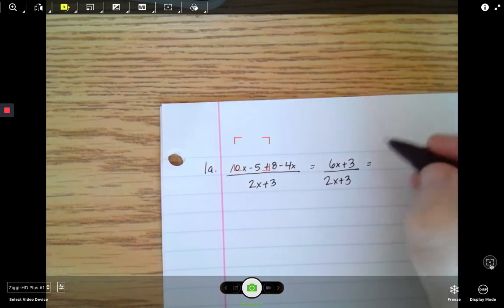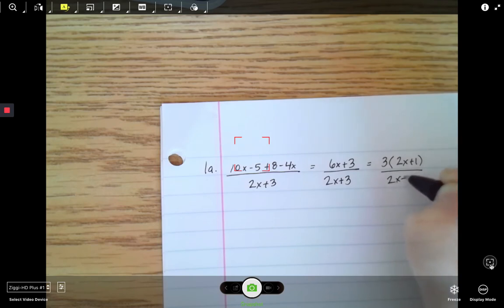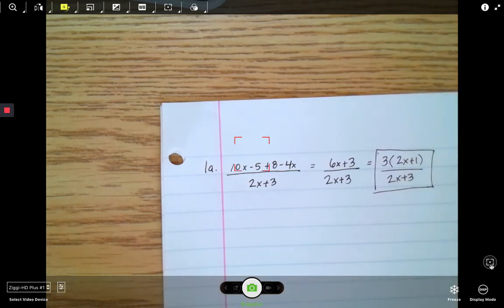And what I would do here is factor out a 3 to give me 2x plus 1 over 2x plus 3. I do that to make sure I can't cancel anything out. So that would be my answer for 1A.